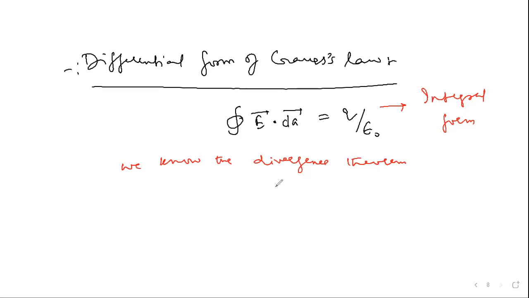What does it say? It says the divergence of some vector field, then you take some volume, then let me first write it, in order to remind you.